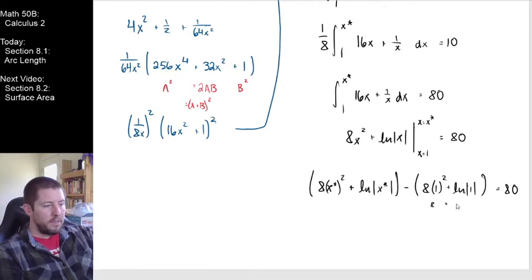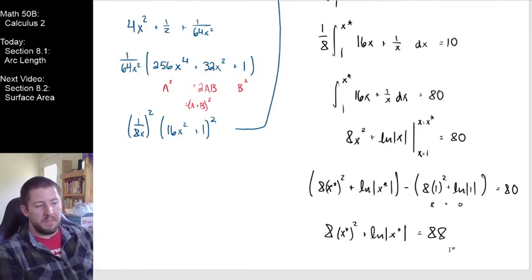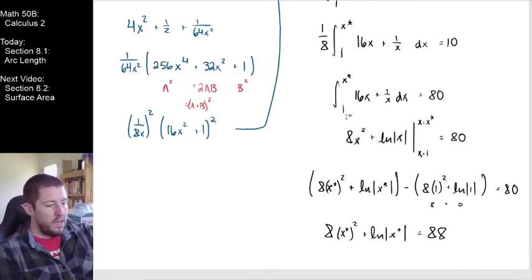So my total response here is, and I'm going to add this 8 over to the other side right away, 8 x star squared plus natural log of x star equals 88.